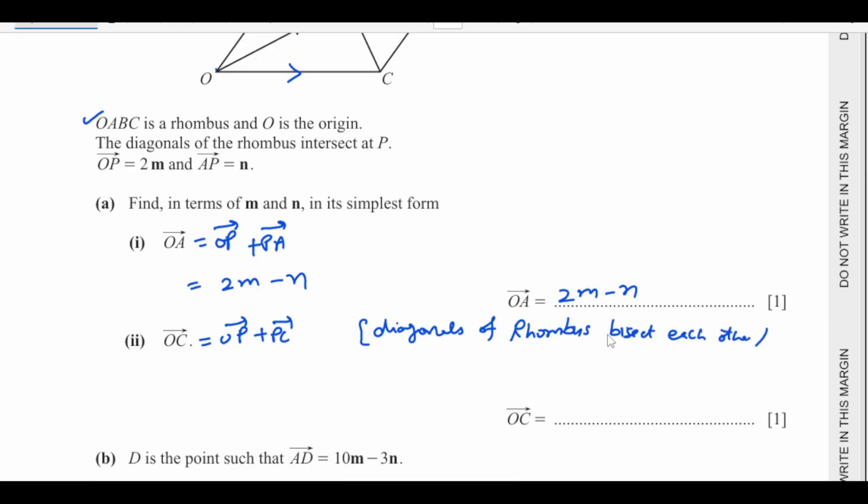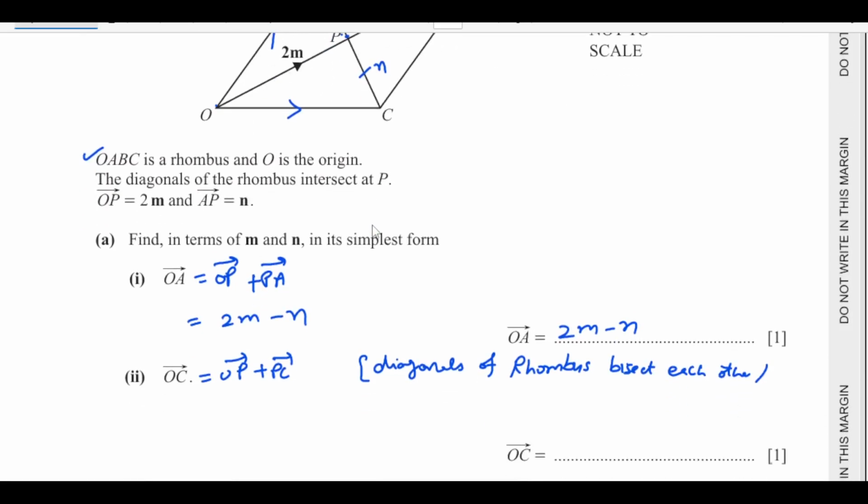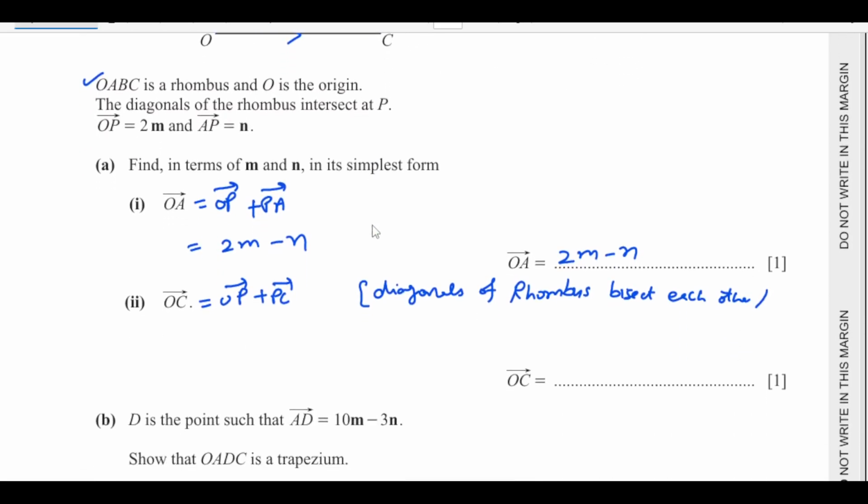So they bisect each other, so that means this AP and PC are going to be the same. So if this AP is n, this is also going to be n here. So then we have here 2m plus PC, we are going the same direction. So this is 2m plus n, so 2m plus n, right?